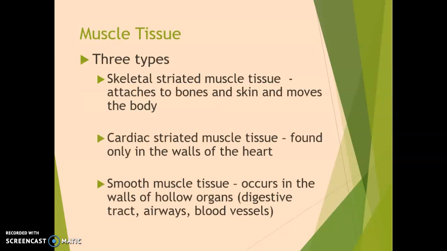The muscle tissue, we have skeletal striated muscle, which attaches to bones and skin and moves the body. Cardiac striated muscle tissue, which is found in the walls of the heart, so it will contract on its own. The same for smooth muscle tissue, which contracts on its own, which is in our hollow organs, so our digestive tract, airways, and blood vessels.